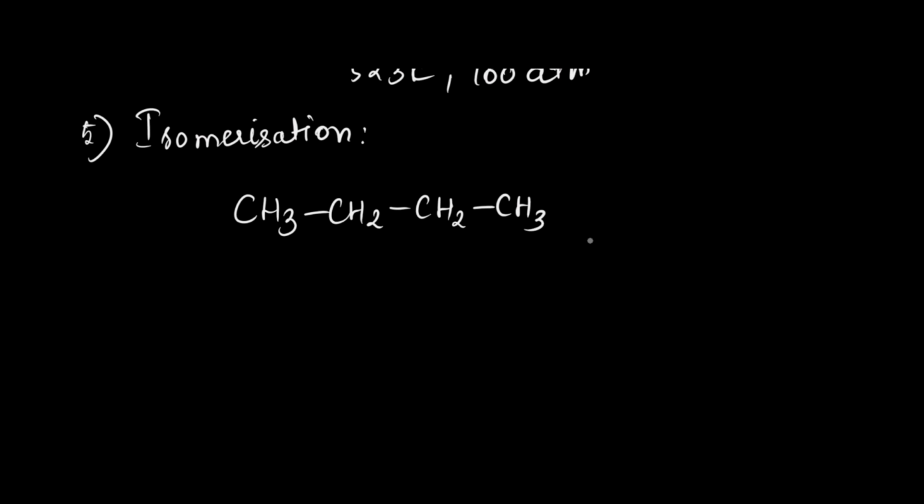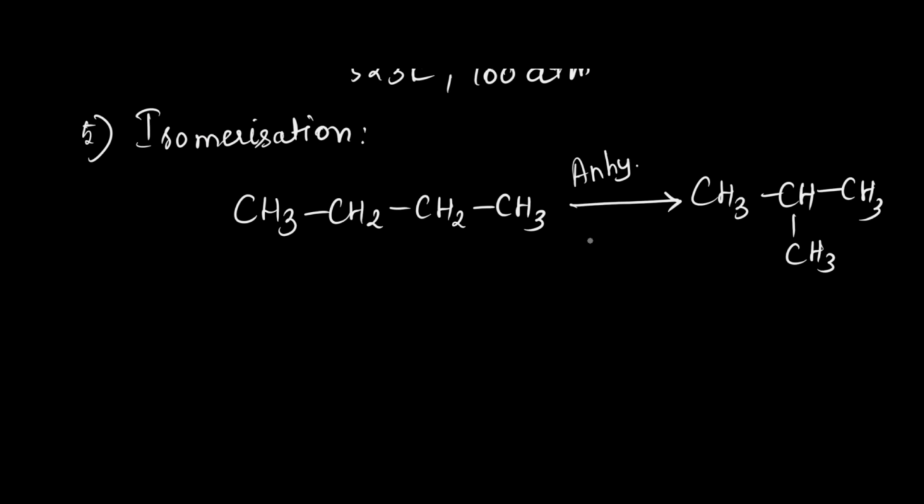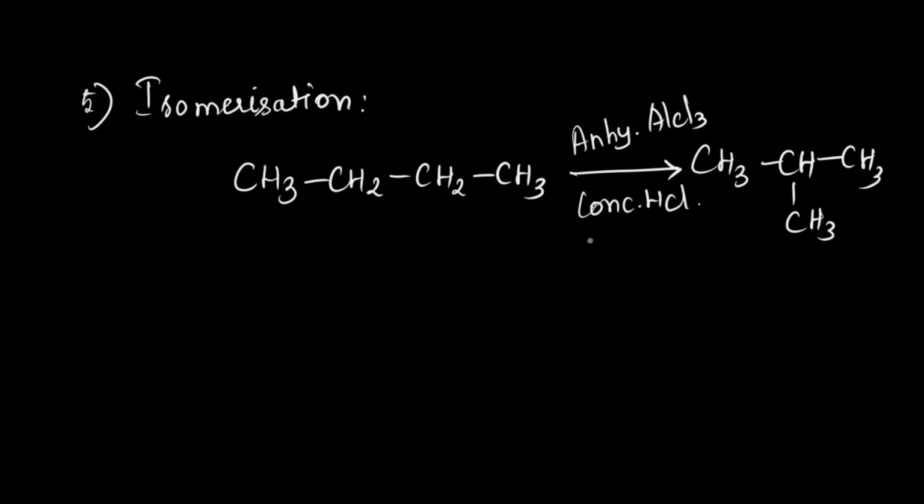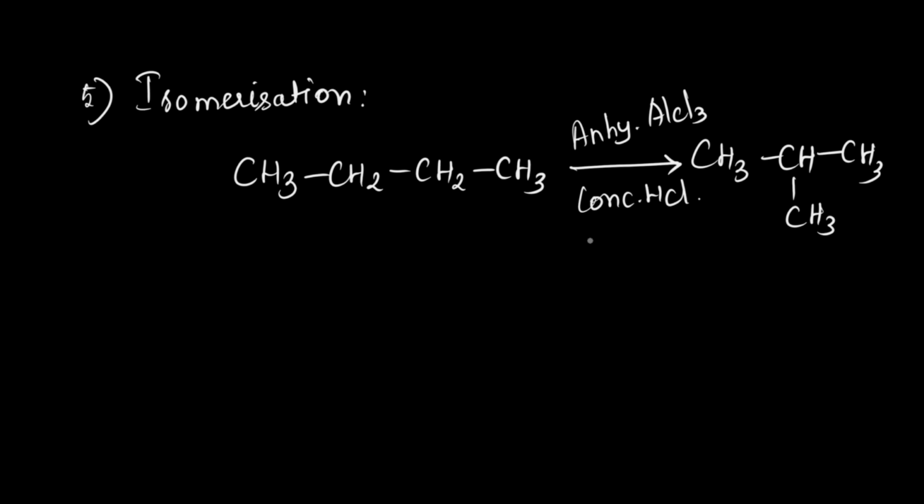As an isomer of n-butane, I'm getting CH3CH(CH3)CH3 with the reagent that is more important, that is none other than anhydrous aluminium chloride with concentrated HCl. By the application of heat, I am getting isomers of the straight chain alkanes.